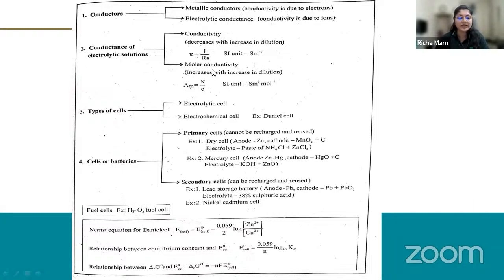And molar conductivity is due to all the ions produced from 1 mole of electrolyte in a solution. We have seen the unit of molar conductivity: Siemens meter square per mole.